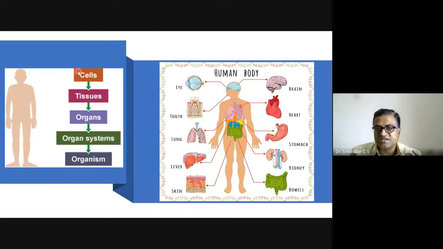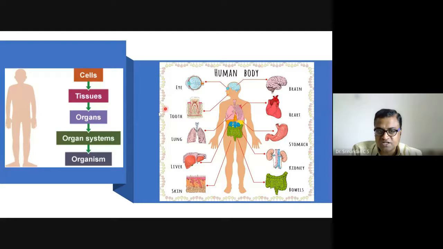We have seen in the stem cell how the differentiation occurs into different tissues. Though all the cells have the same genome, the expression will be different in the tissues, and tissues together make one organ. So we all know the organs which are there over here.